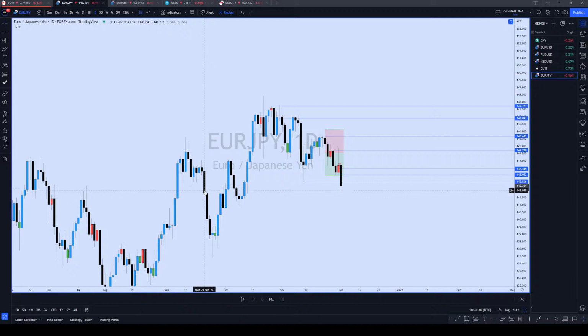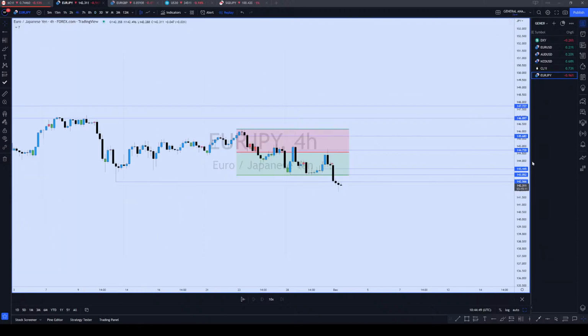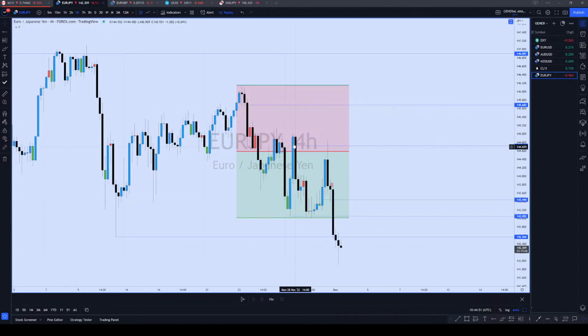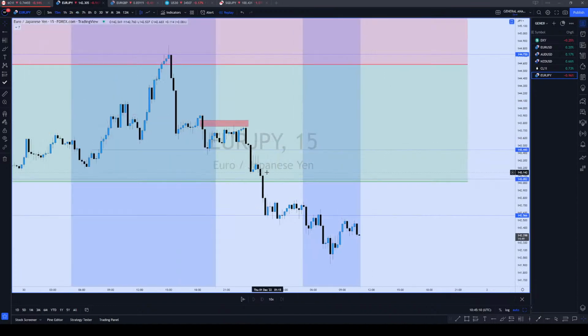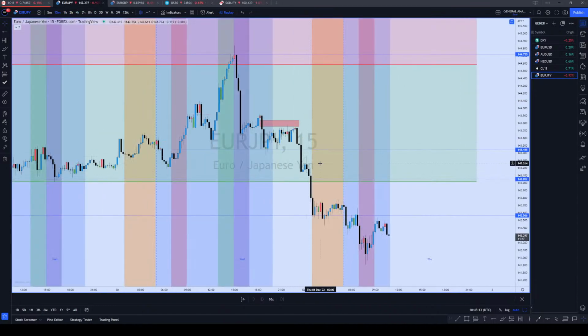Now EJ is a very interesting one because yesterday I was looking at it, and the chart was looking exactly as you can see it now, and I had this level mapped out, and I was expecting either for them to sell off here and down, or come up here and down, and lo and behold, they just hit the first one and then just dropped. I managed to get in on here.